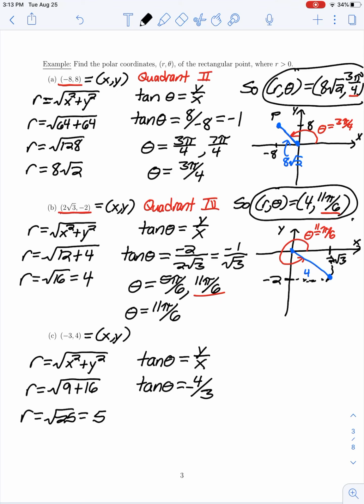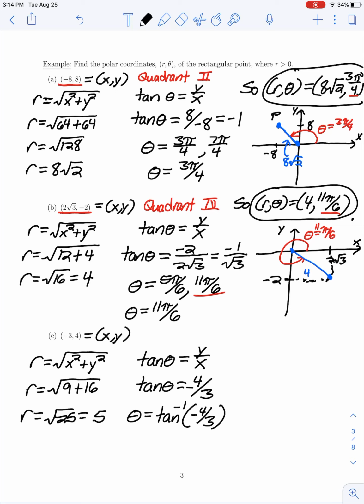And using the unit circle, there's no familiar angle theta that would be a multiple of pi over 2, pi over 6, or pi over 4, for which tangent of theta would be known to be negative 4/3. So in this case, we would have to make use of the arctangent function. So theta, we could take as arctangent of negative 4/3, but we've got to be a little bit careful when we make use of this arctangent function.